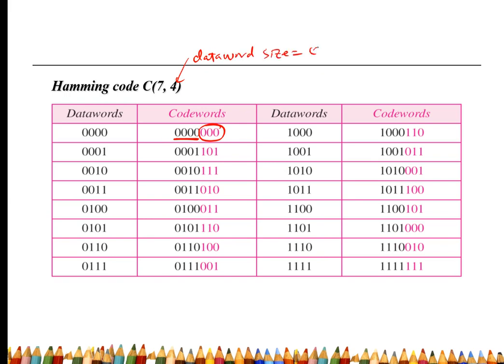It's 4 bits, but the 7 is the code word size. So it needs to add 3 more bits there, and also we can use even or odd parity check for that. Okay.